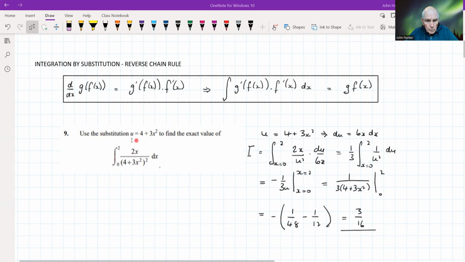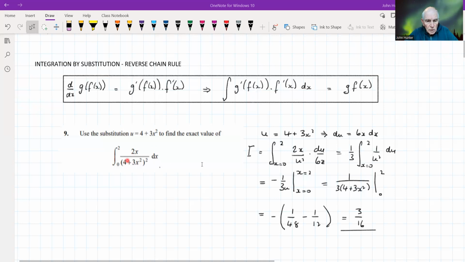So here's the first example, and it gives us the substitution to use. 2x over (4 plus 3x squared) to the power of 2. It helps in a way to think of this as all on one line.